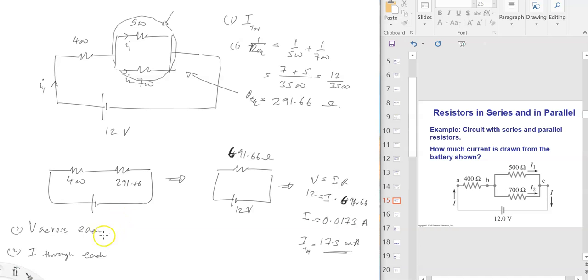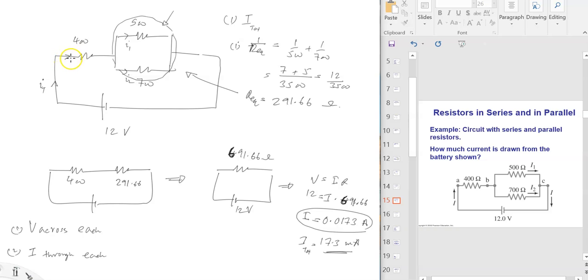How do I do that? Voltage across each resistor. Now for the first one, the 400 ohm one, we have the current through it. It's this same current, this total current goes through this resistor, right?